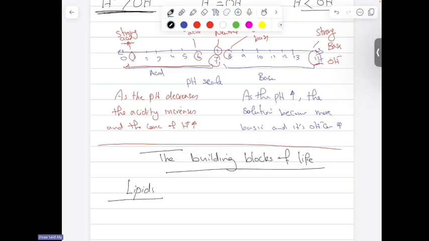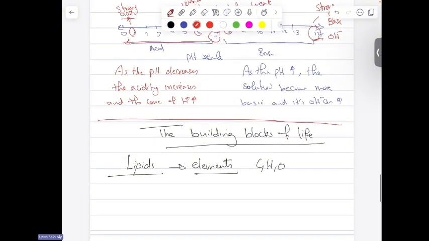First, you should know what are the elements that make up the lipids. Lipids are made up of 3 elements: carbon, hydrogen, and oxygen. But when they ask you about the monomers, the monomer is the basic unit, the smallest molecule.